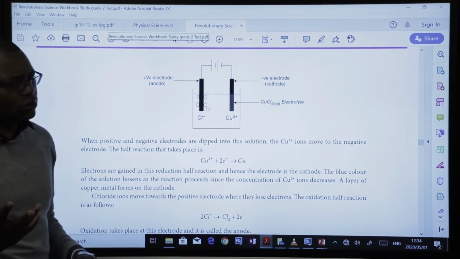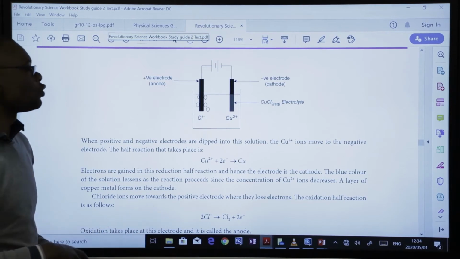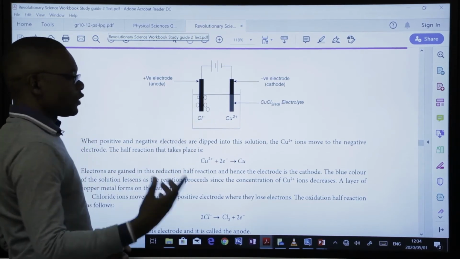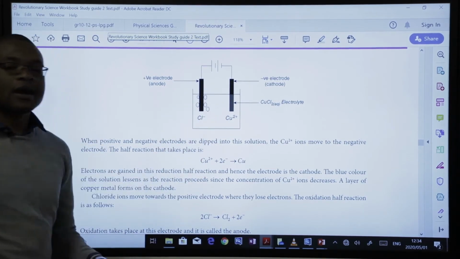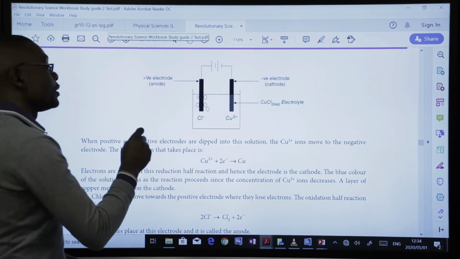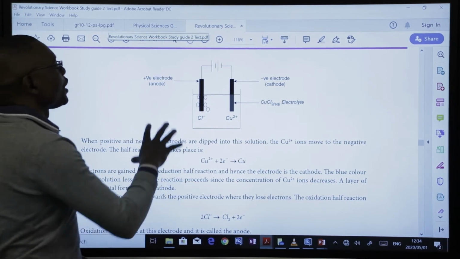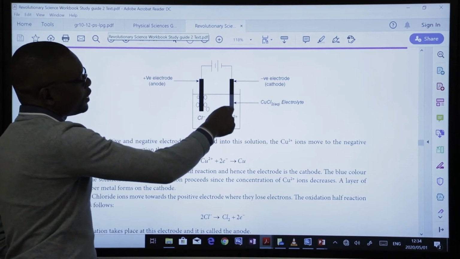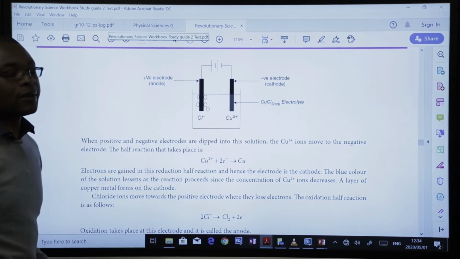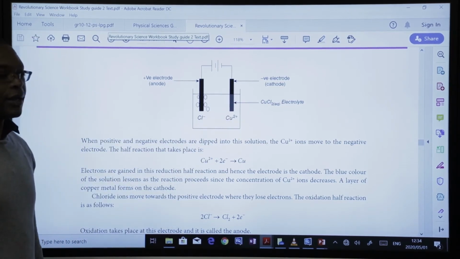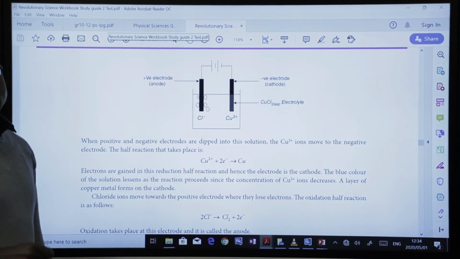Then when they pick up the electrons, they change from ions to atomic copper particles. And how do we know that the copper is forming? So you see that if, let's say for example, we are using carbon electrodes, carbon is black in color. And in this particular setup, we know that atomic copper is brown in color.